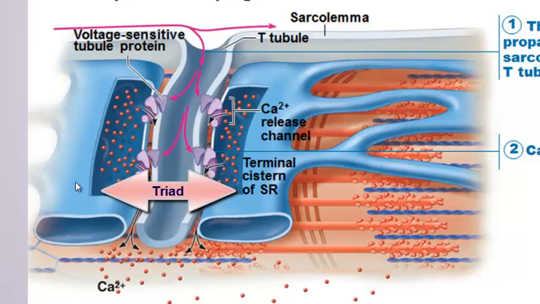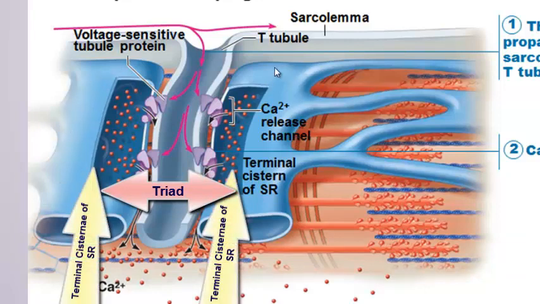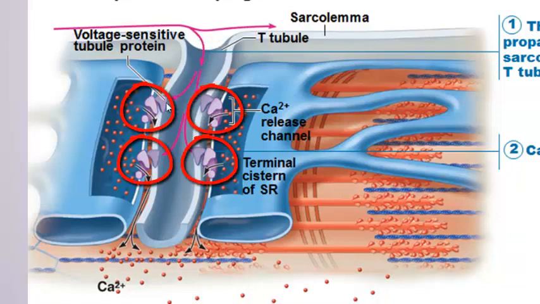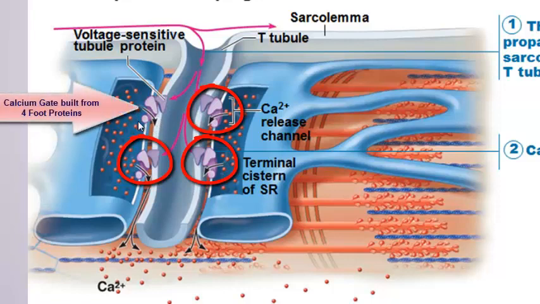Again, the triad comes from the sarcoplasmic reticulum here, another one over here. These are the terminal ends. And then there is this transverse tubule that dips down into the muscle fiber itself. That electrical event, the action potential, comes down through here as well as skipping over here. When it comes here, there are some voltage regulated gates. Now these voltage regulated gates are typically made up of four what are called foot proteins, because what proteins do is hold things together.